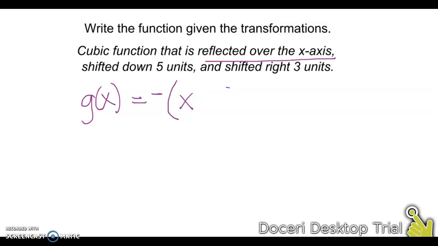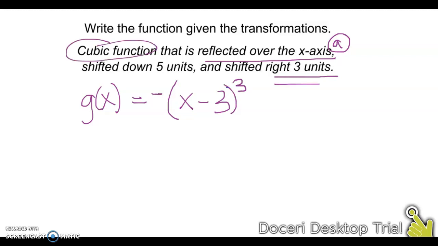Okay? That's our a. Our h is our left and right. So it's reflected right 3 units. So that would be negative 3 cubed. Remember, it's the cubic function. That's our h. And then down 5 units. So minus 5.